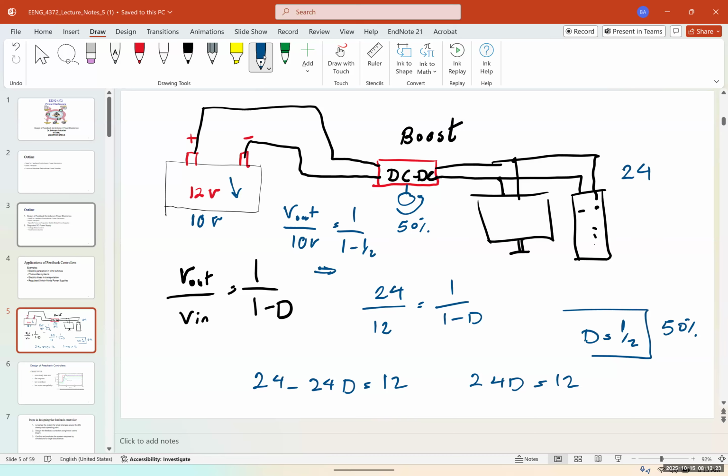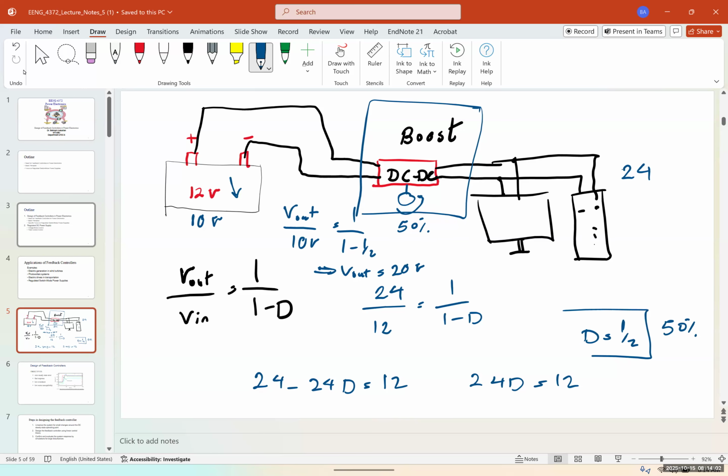So if I calculate, the new V out now would be 20 volts. Okay. Some computers work up to like 5%, 10%, up and down. But 20 volts, what happens is that the computer will shut off. Okay. It's not going to work on 20 volts, for example. So if I have a normal boost converter, which is manually controlled, the system would stop working after, let's say, like 20, 30 minutes, depending on how big our battery is.